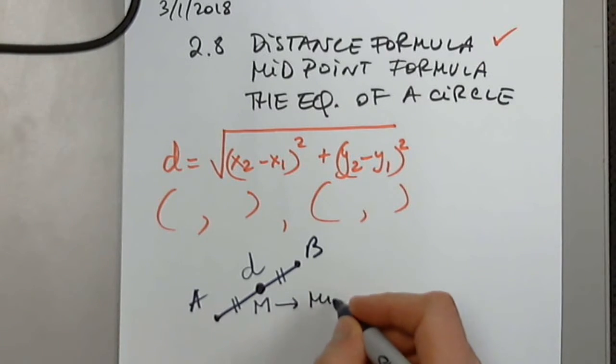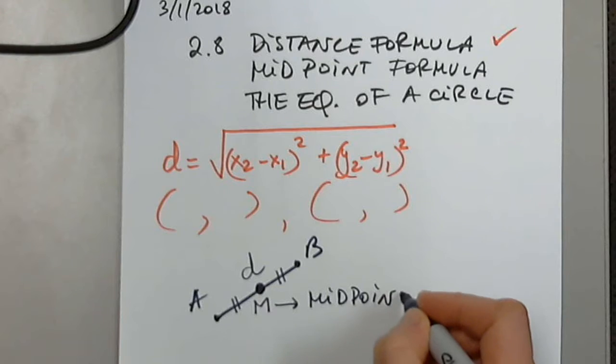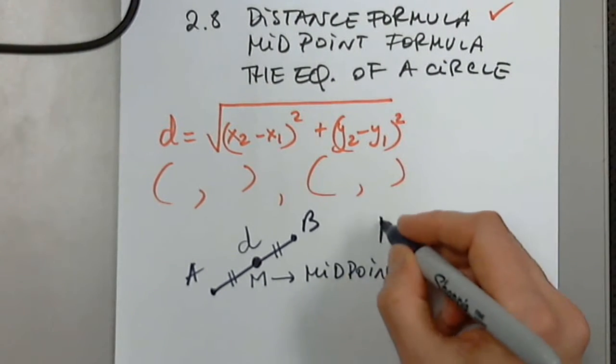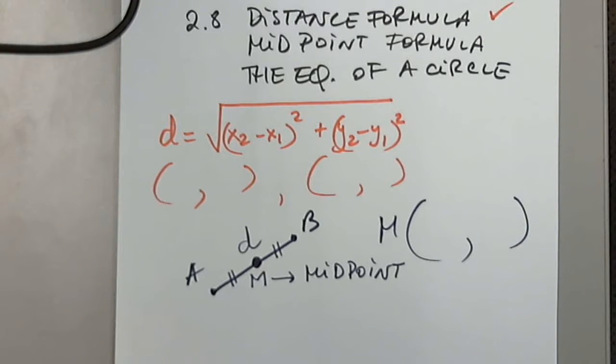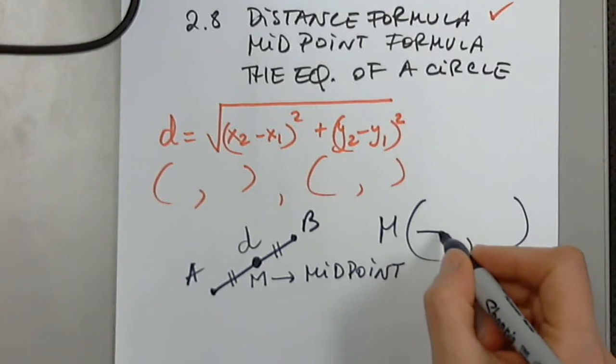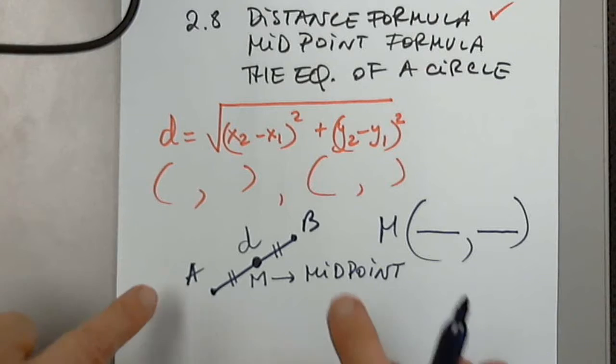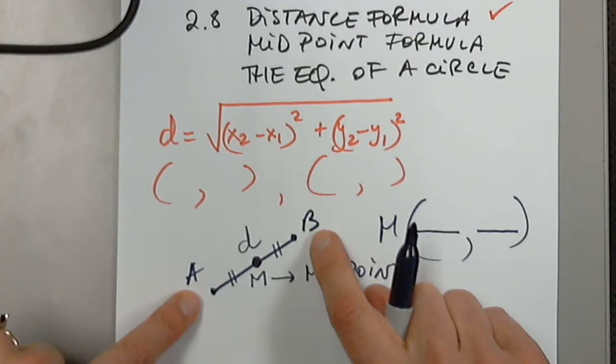This is what we call the midpoint. And we can show with right triangles, like we did with the distance formula, that the coordinates of the midpoint are the average of the coordinates of A and B.